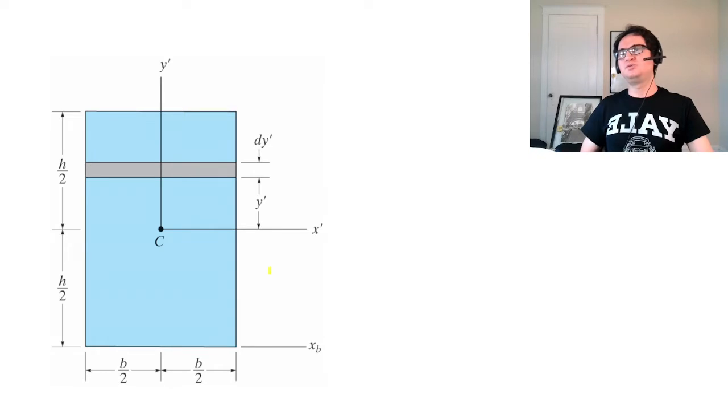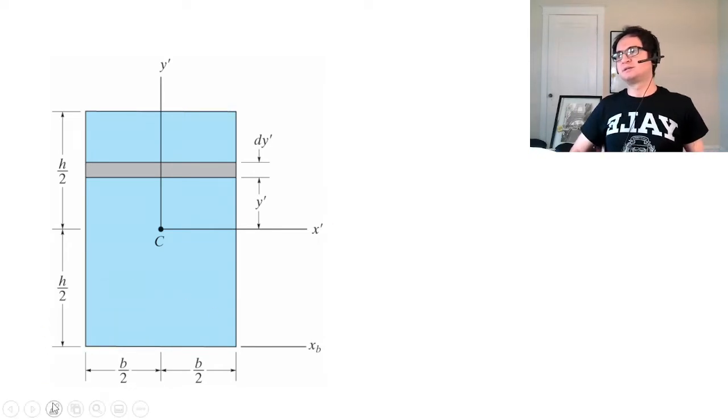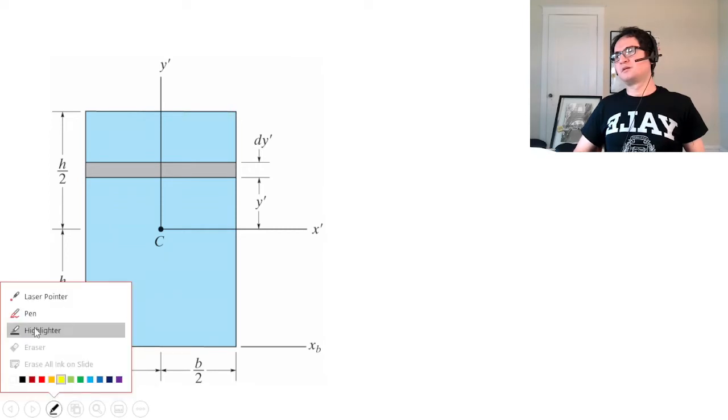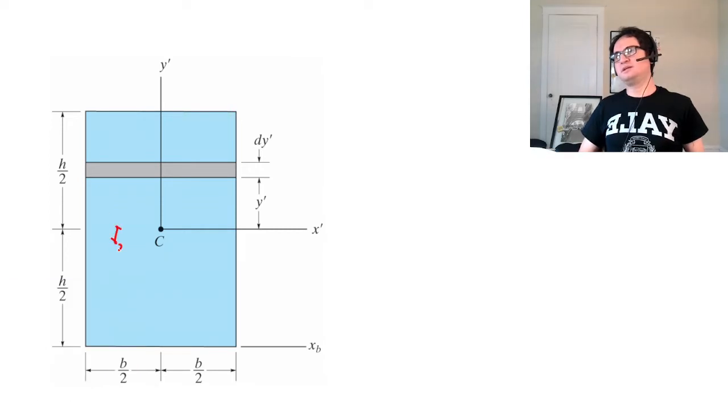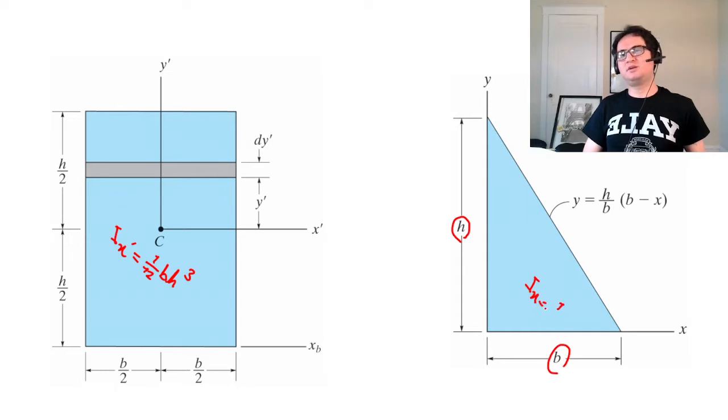But if you take a closer look at the problem, it gives you the logic. Yes, Ix for a rectangle is 1/12 base cubed height, and at the same time, for a triangle with the same dimensions, it goes by again 1/12 base cubed height.